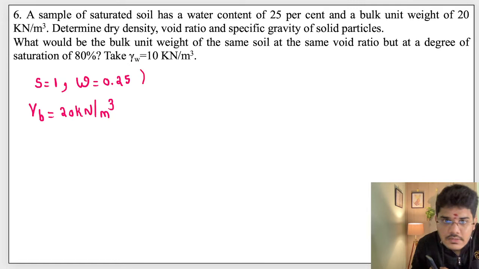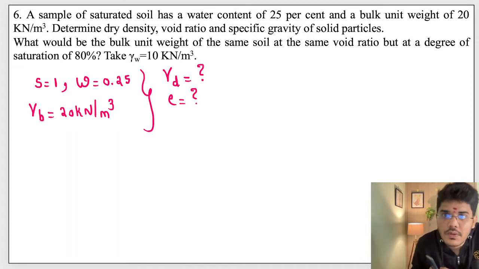What he has asked us to find out: determine the dry density, gamma d, void ratio e value, and specific gravity of solid particles Gs value also we have to find out.